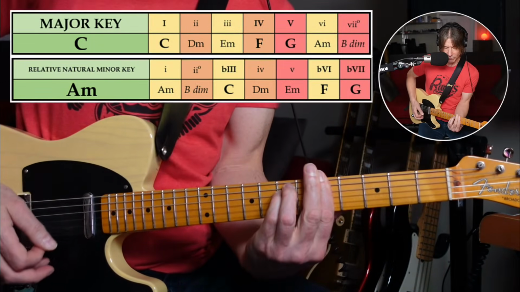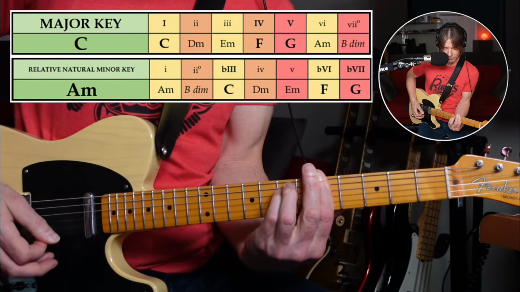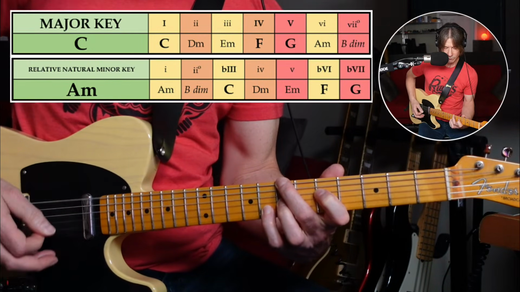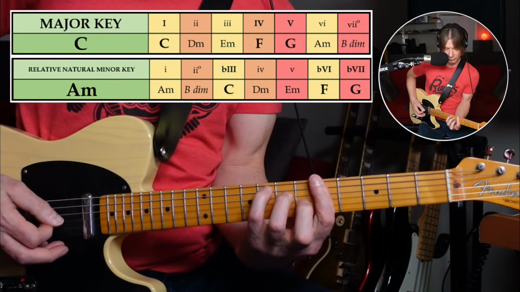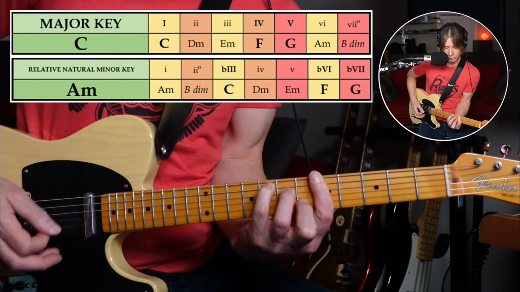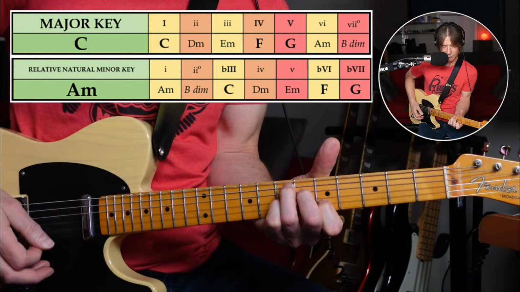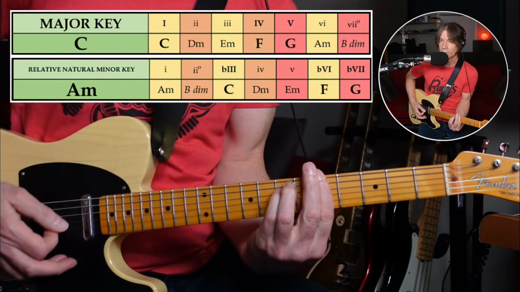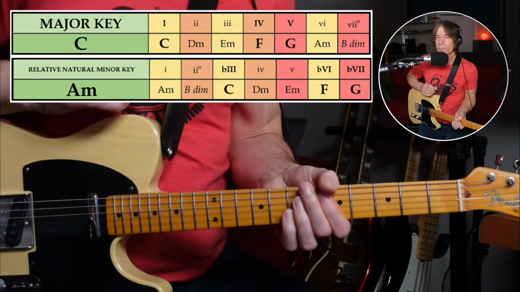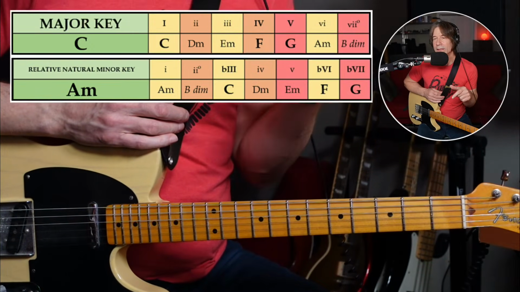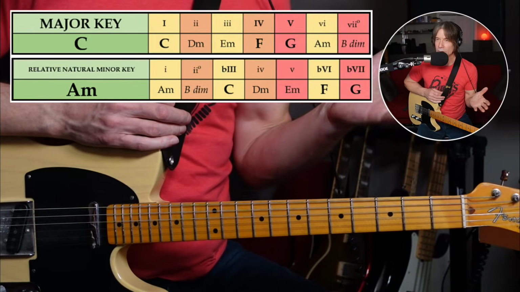So now you have A minor, G, F, E7, back to A minor. So all I did was I took that E minor, because it's a 5 chord, and I made it an E7. And you could do that, it's legal.